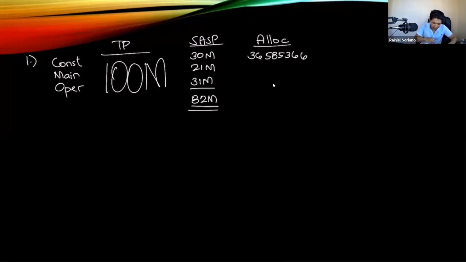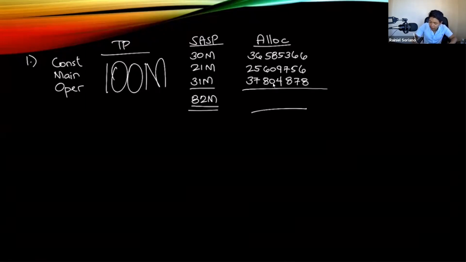Next, 100 million times 21 million divided by 82 million, or this is equal to 25,609,756. And last but not the least, 100 million times 31 million divided by 82 million, or that's equal to 37,804,878. So that's the allocation.